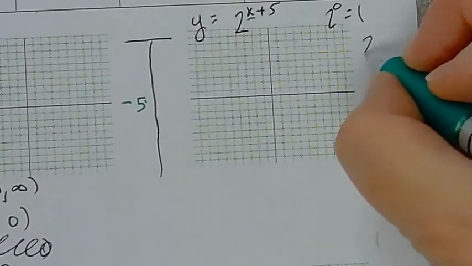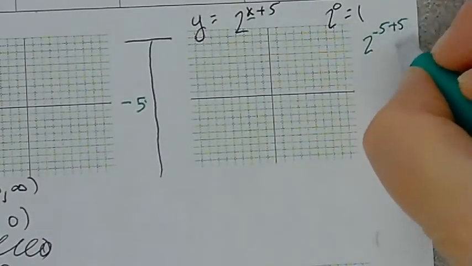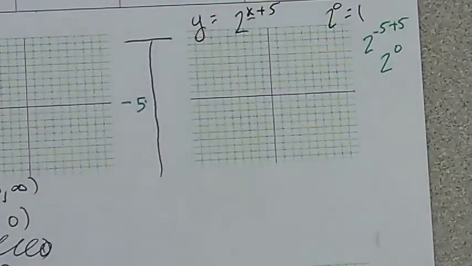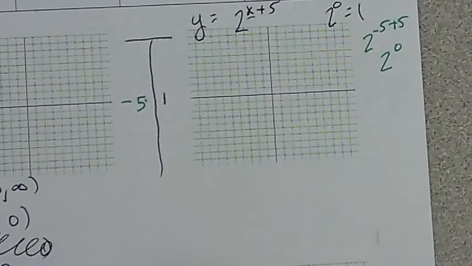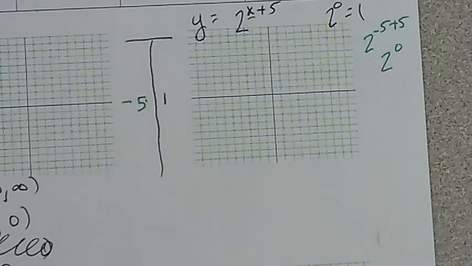Because 2 to the -5 plus 5 is 2 to the 0, which is 1. Now you may want to go use Desmos or the graphing calculator app on your Chromebook to find these tables, and that's totally fine with me. I would probably use a graphing calculator app if I had one, or the TI-84.